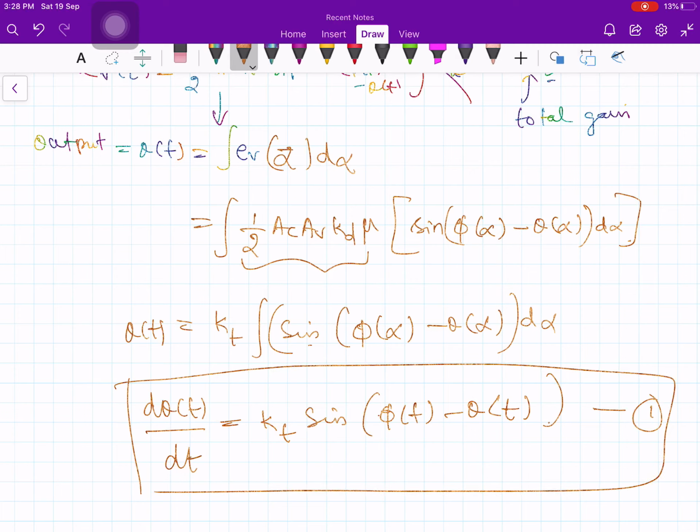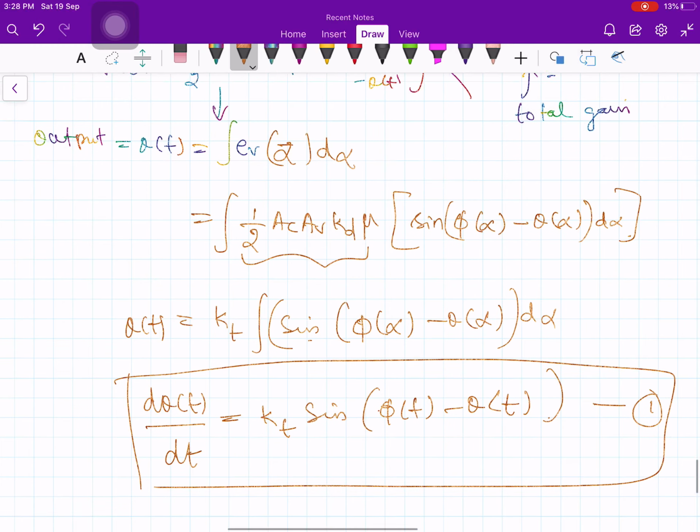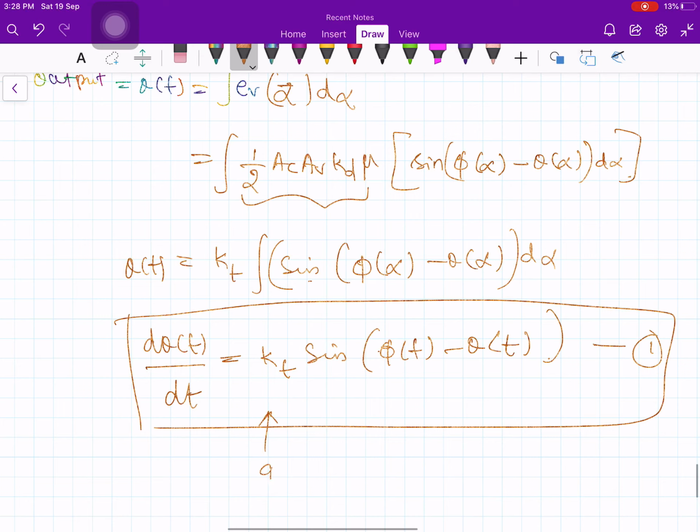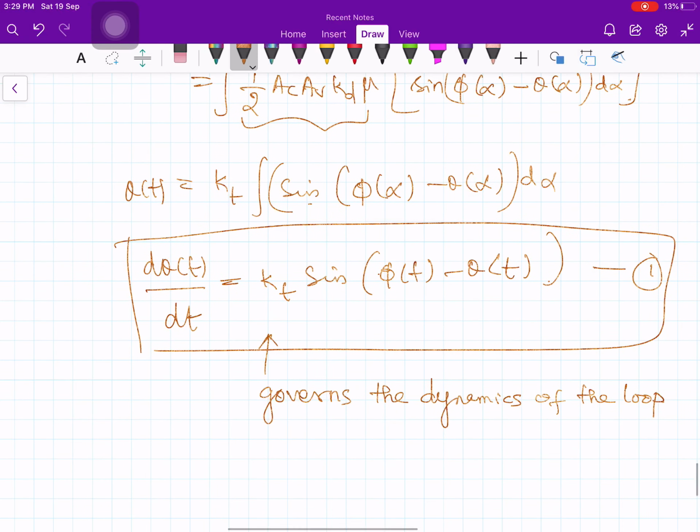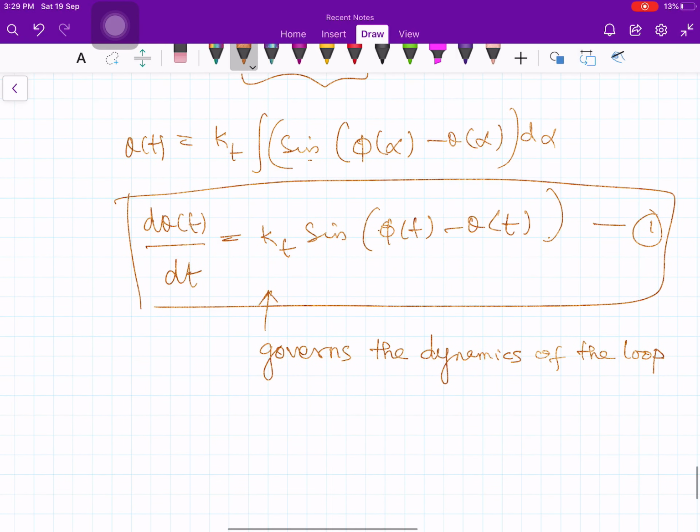Actually, this equation 1 governs the dynamics of the loop. At any time instant, phi of t is my input phase, and theta of t is my output phase.